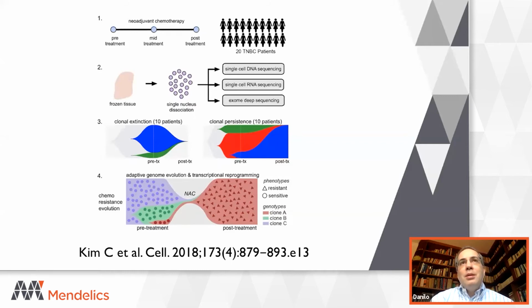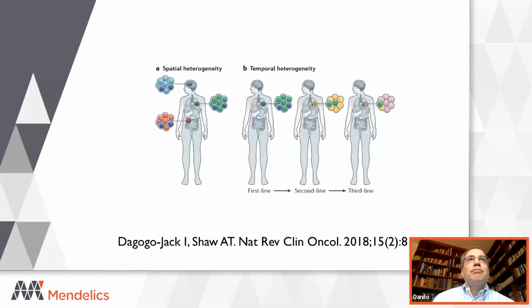This small subclone was a minor one. It was a sensitive one, but during treatment, it acquired resistance, and then it expanded. So there was an adaptive response of this subclone. And those who work in hematology are already used to this notion.